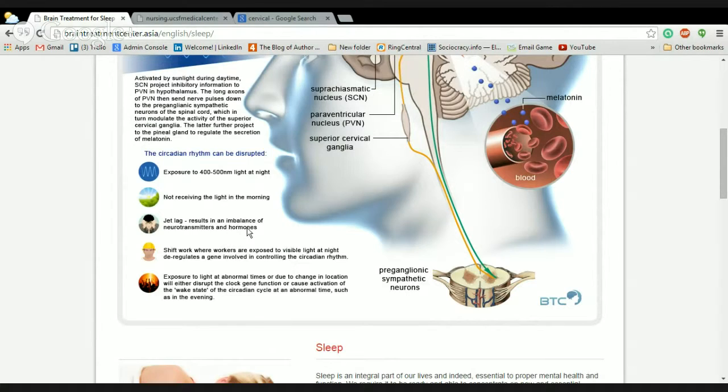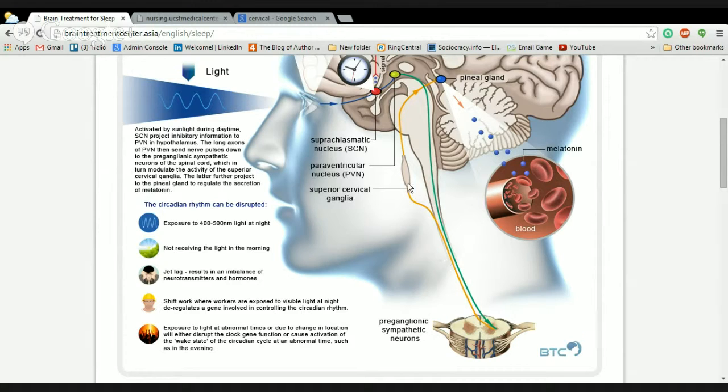Jet lag results in an imbalance of neurotransmitters and hormones. So when you go from one area where the sun is rising and falling at near the same time every day, and then you're all of a sudden in a time zone where it's different, your brain's going to have to recalibrate. It's a big train wreck in your brain that happens. If you could see this, this is just working like clockwork, based only on sunlight.